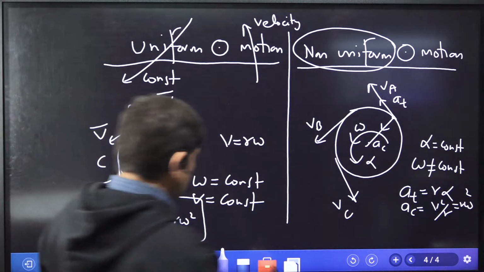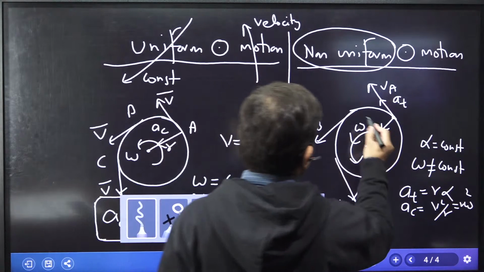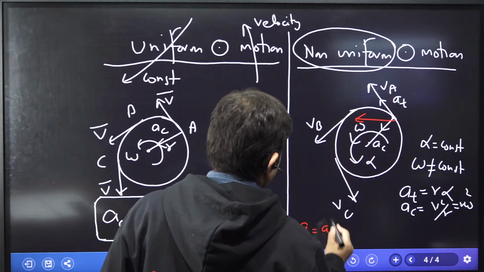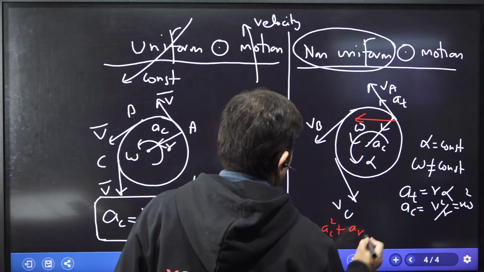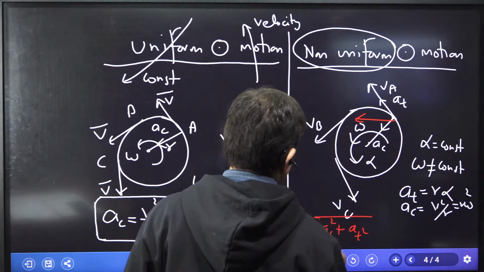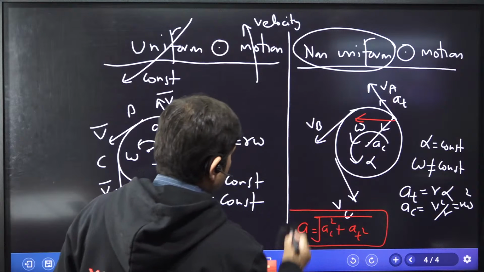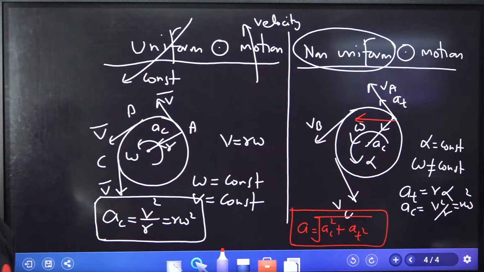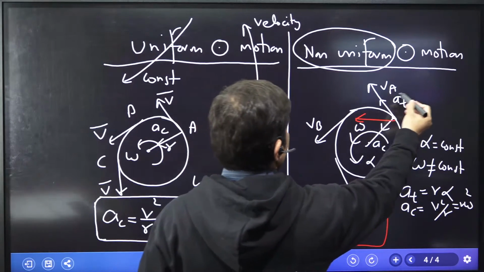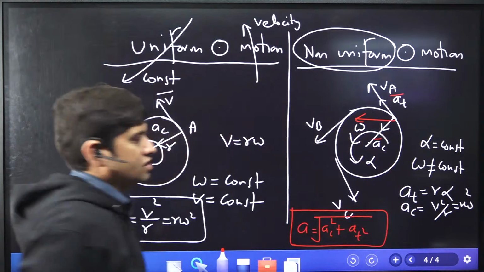When we have these two, then from these two we can calculate total acceleration as centripetal acceleration plus tangential acceleration, square of this, under root. So what is the total acceleration? Total acceleration is basically the vector summation of tangential acceleration and centripetal acceleration.